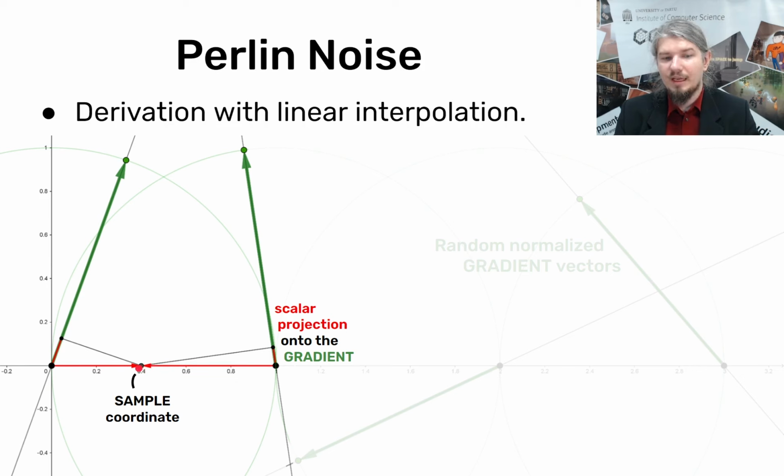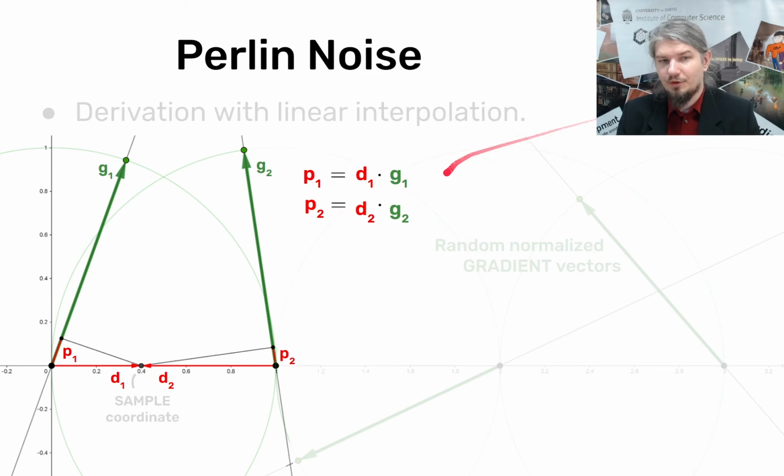Then we do scalar projection of these location vectors onto the gradients. Mathematically, this is just a dot product because our gradient vectors are normalized. So we just take the dot product of t1 onto g1, and we end up with this value p1. And the same thing for the other gradient.